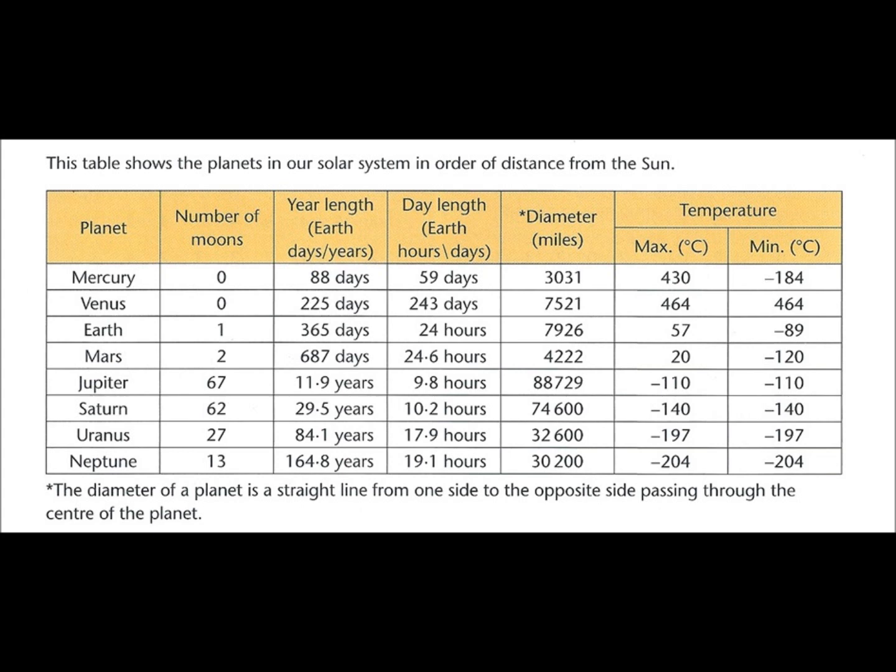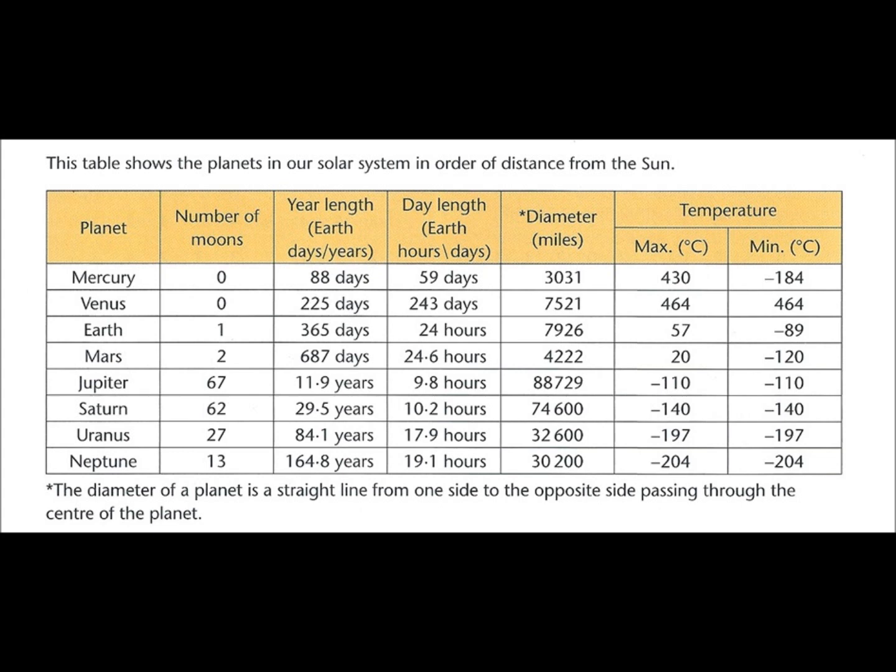Moving on to yet another type of question, which is asking us to use approximation and rounding. We have a question like this: which two planets have a diameter that is approximately 4 times that of Earth?